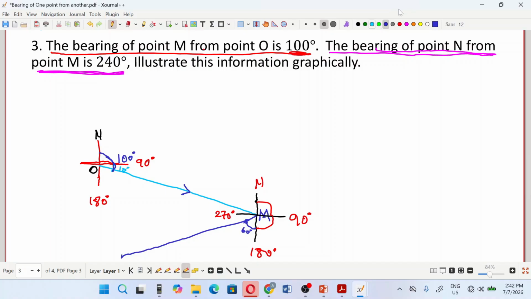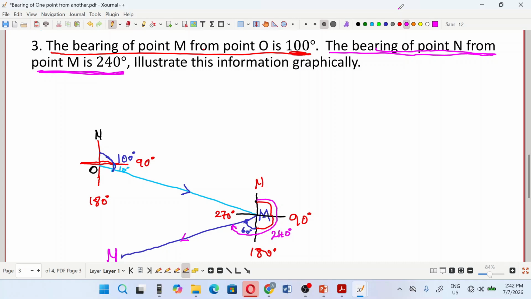So it tells me now, let me use a different mark, from the whole of this coming here is my 240 that I'm looking for, right? And we know it's N from M, so it's moving from this point to this, and this is going to be my N, right?